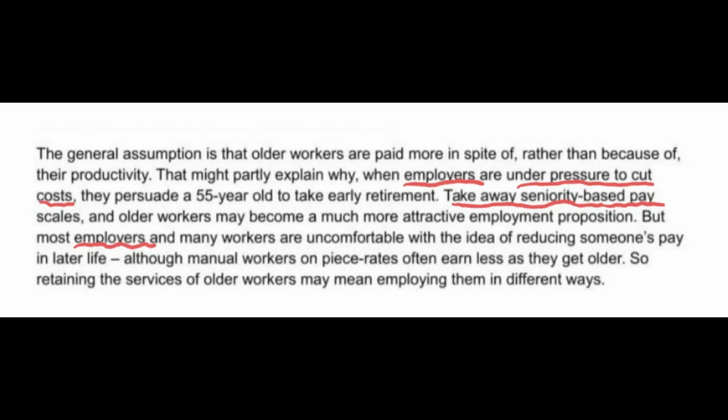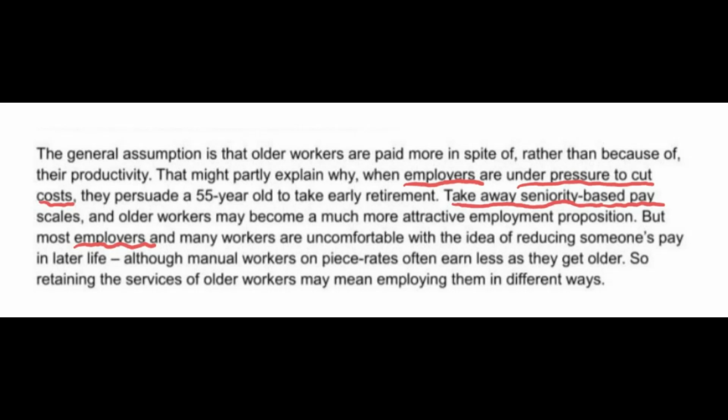I'm concentrating on paragraph 1. The general assumption is that older workers are paid more in spite of, rather than because of, their productivity. Okay, that might partly explain why, when employers are under pressure to cut costs, they persuade a 55-year-old to take early retirement.